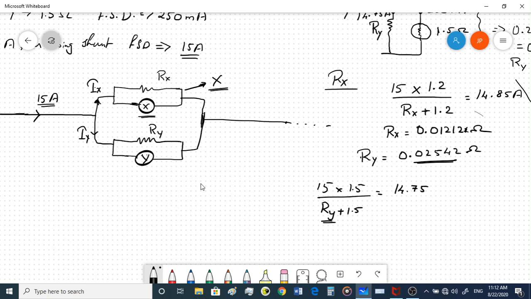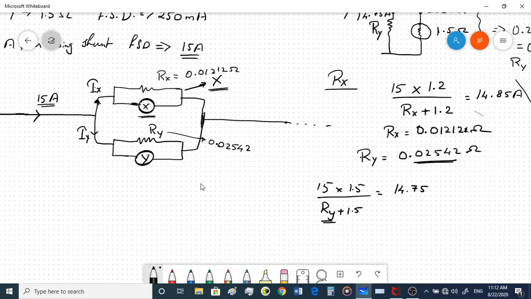So here Rx we have already found. Rx is equal to 0.01212 ohms. Ry is equal to 0.02542 ohms, right?